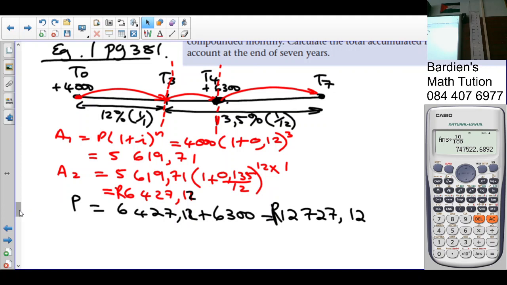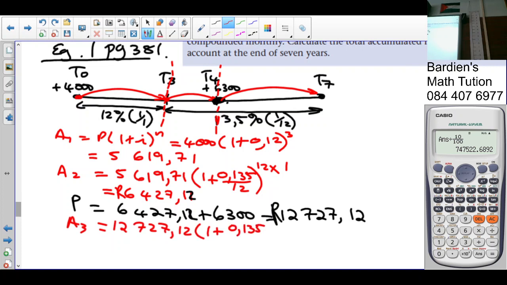Okay, so for A3, it's going to be 12,727 Rand and 12 cents into 1 plus 0,135 over 12 to the exponent 12 times. So what is that answer? 19,038 comma? You all understand? You all agree with that?